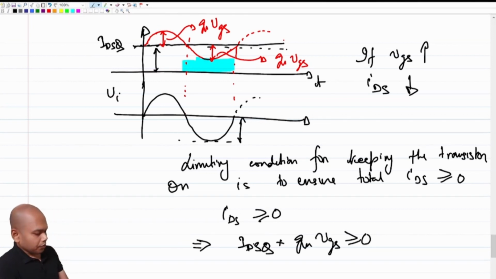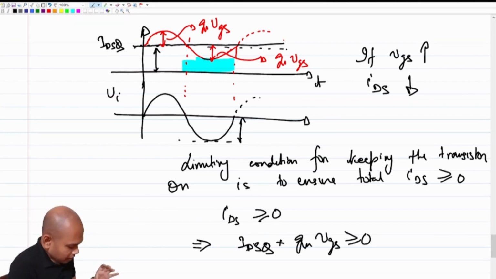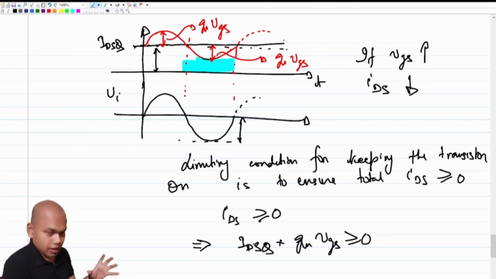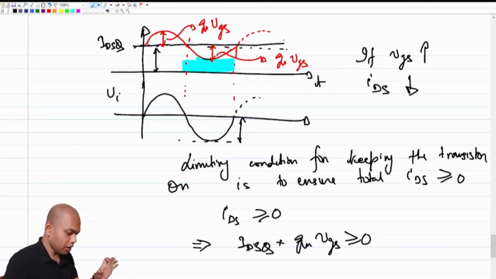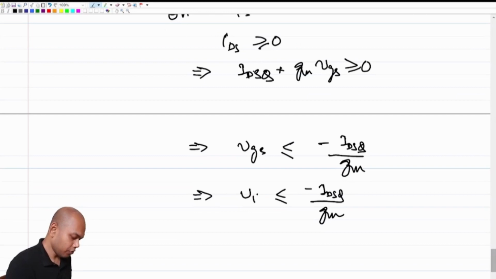When VGS is decreasing, the current is also decreasing. So essentially we are talking about negative quantities, or in other words, if I have to get rid of those negative signs, we can only deal with the magnitude, right?